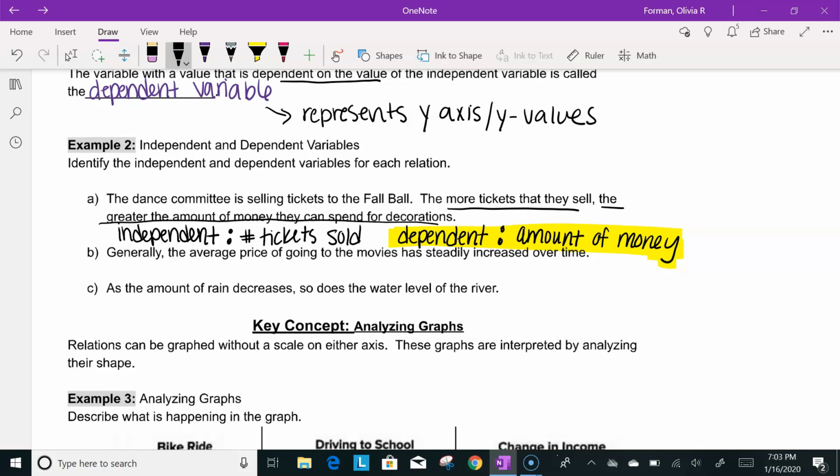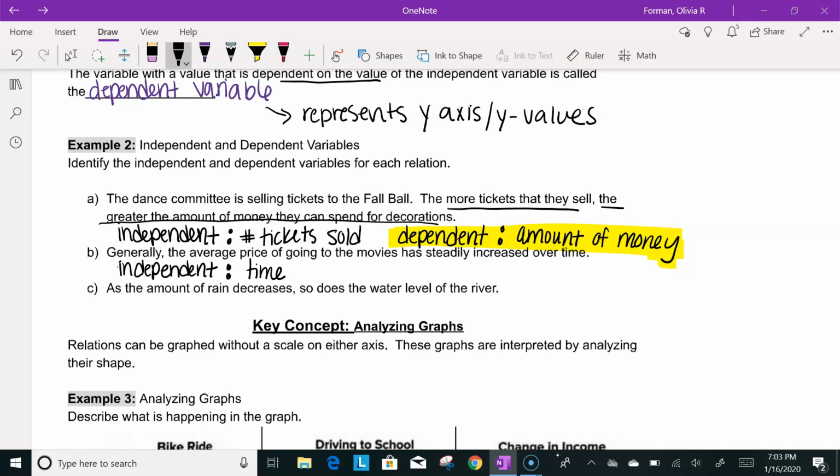If we look at the next one, it says generally the average price of going to the movies has steadily increased over time. 95% of the time, I would say that if you are dealing with something that is occurring over time, your independent variable is going to represent that time. So as time passes, it changes the increase in price.